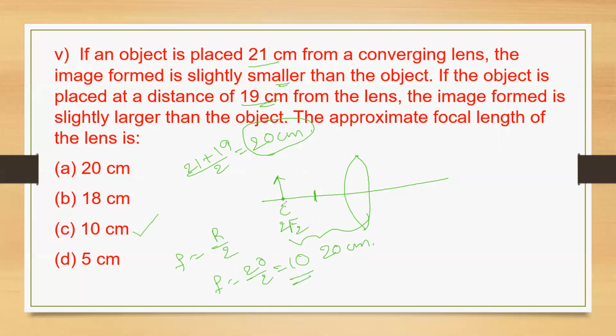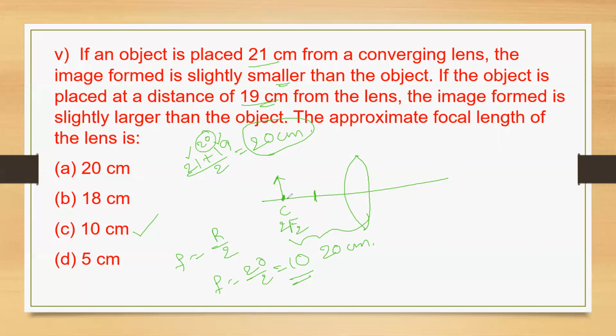Okay, have you understood this? They are telling that 21 means a little smaller, and 19 means slightly larger. In the middle, we keep 20, the same size. That is nothing but the center of curvature.